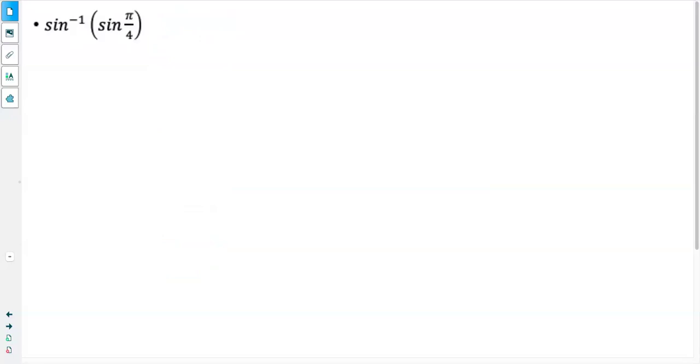Next one, we've got sine negative 1 of sine pi over 4. First off, if we have pi over 4, that matches a special triangle. So we know that the triangle that has pi over 4 as a reference angle has two identical angles, two identical sides. So this is 1, 1, square root of 2.